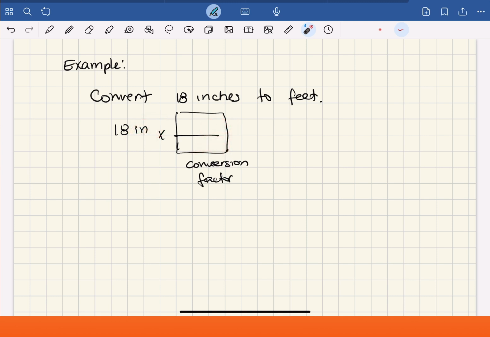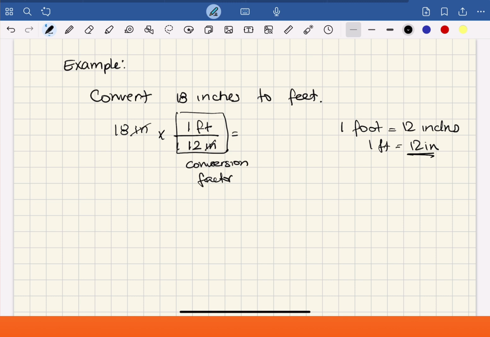I know that 1 foot equals 12 inches, and this is my conversion factor. Since inches has to be in the denominator, I copy the 12 inches in the denominator, and in the numerator I write 1 foot. Notice the units cancel out.